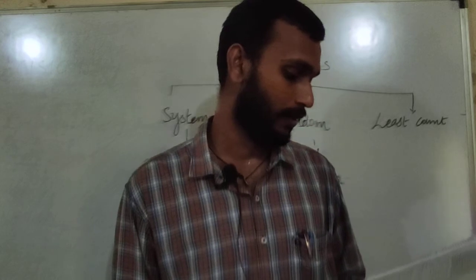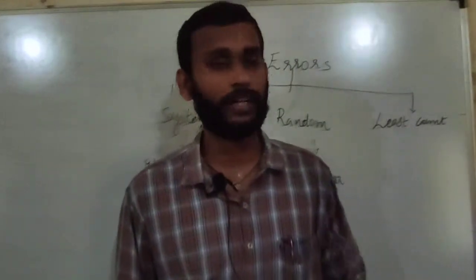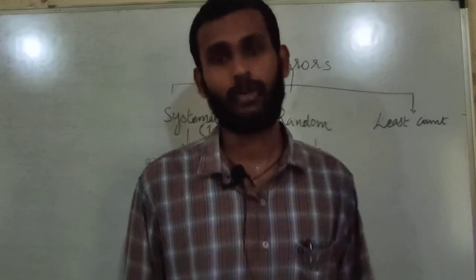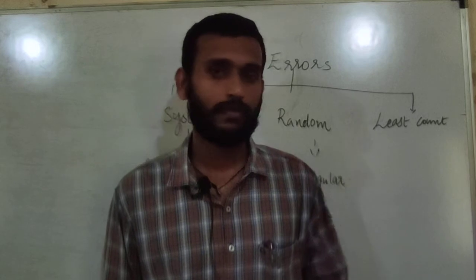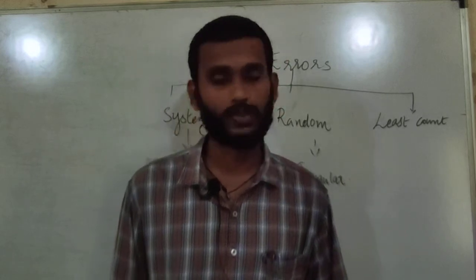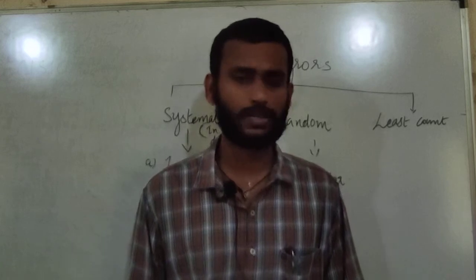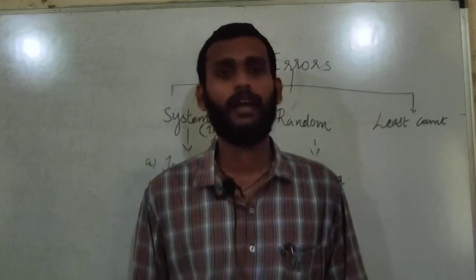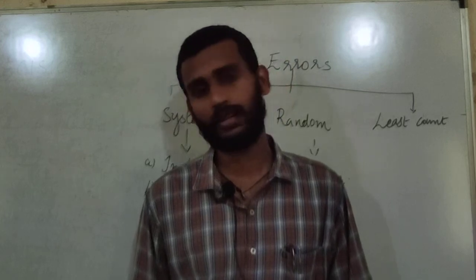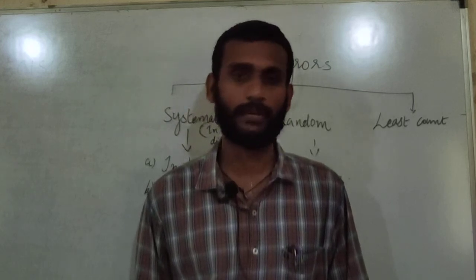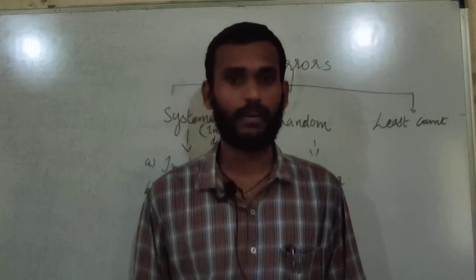The zero error, I think those who have attended the practical sessions know, we have discussed in the case of the screw gauges. Such errors, related to imperfection in the calibration of the measuring instruments, are known as instrumental errors.